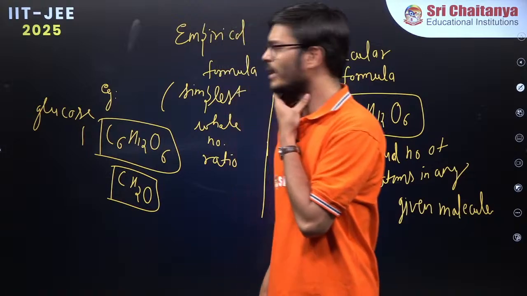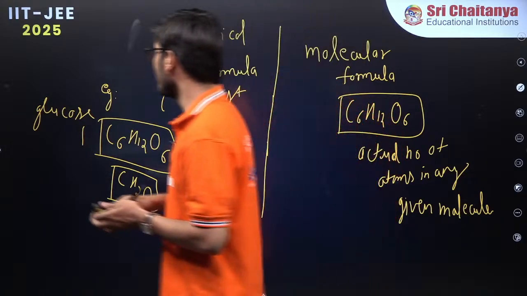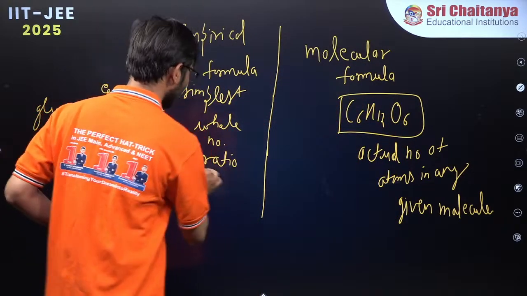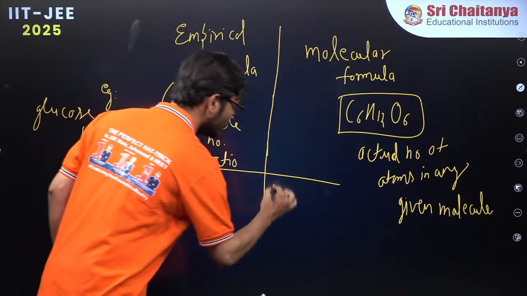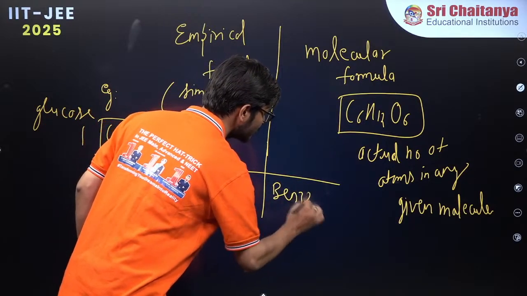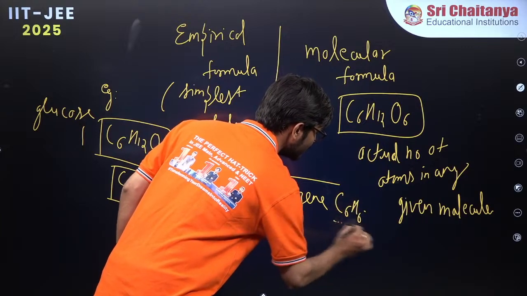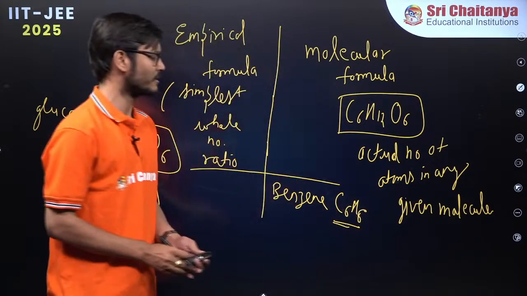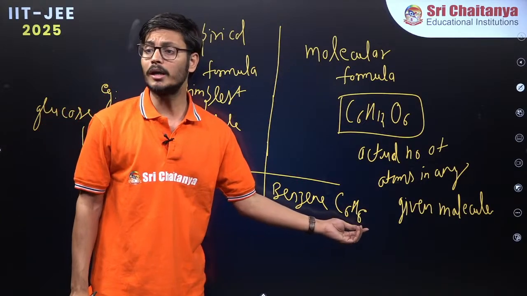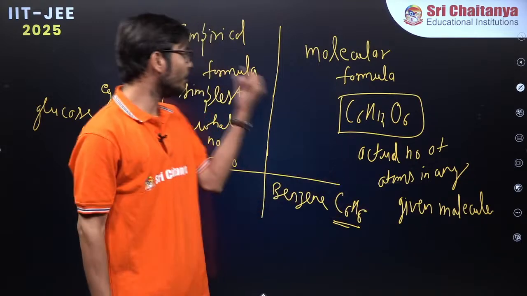Very easy, right? You can have more examples. Let us say I'm having benzene. We all know that the molecular formula of benzene is C6H6. Now, what will be the empirical formula?